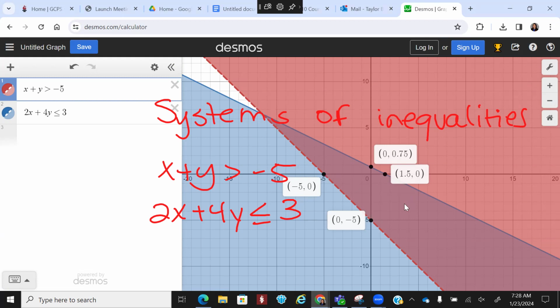Now, what would be a solution to this graph? Okay, solution would be, you're saying 0, 0? Yeah. What else would be a solution to this graph?